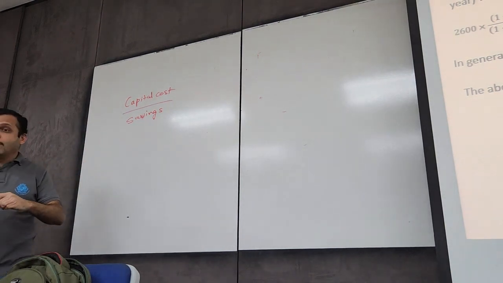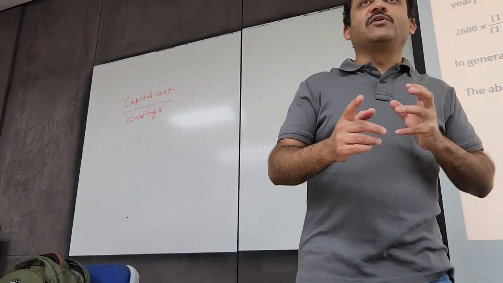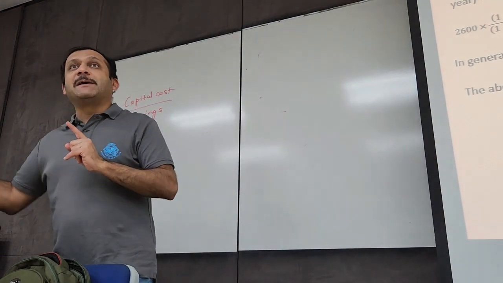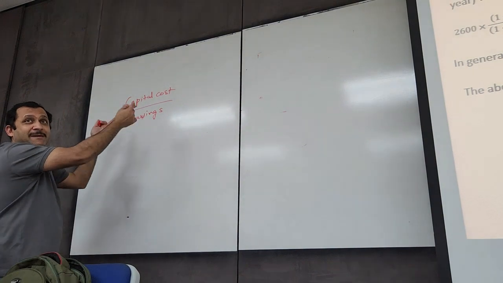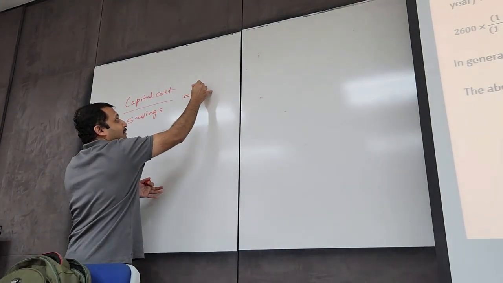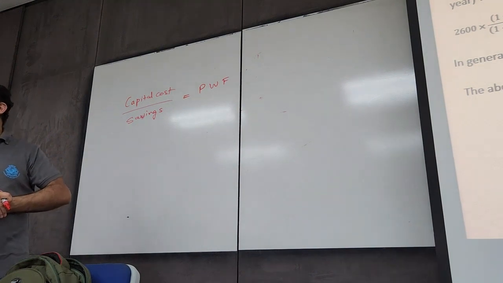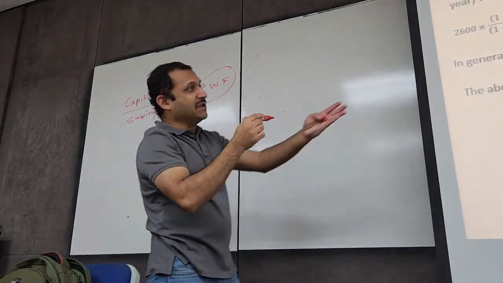Now, how would you get a break even? Because if you want to find real payback, a break even will be that ratio, which is a simple payback, equal to the present worth factor. When you equate that to the present worth factor, what is that? That's that big equation.